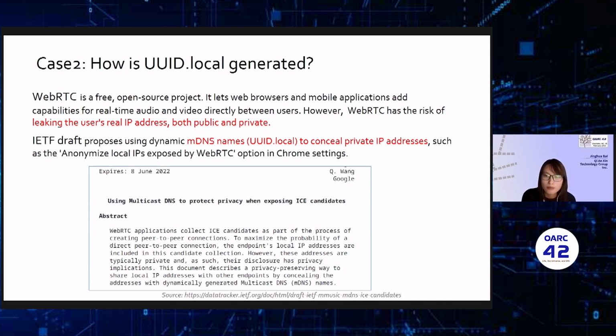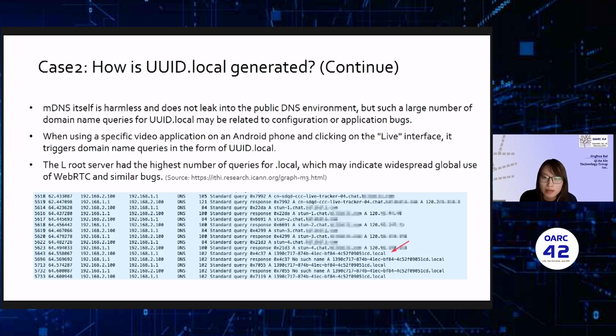There is an IETF draft to address the problem of private IP being leaked. Specifically, it uses dynamically generated multicast DNS names, replacing the private IP with uid.local. mDNS is safe and doesn't affect public DNS. However, a high volume of uid.local queries could signal configuration errors or application-related glitches.